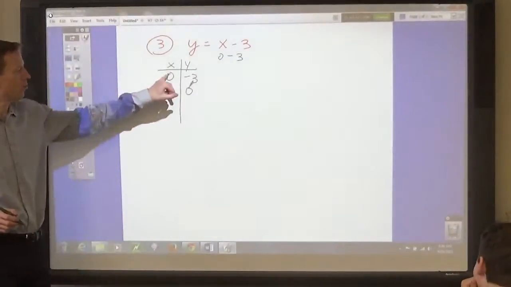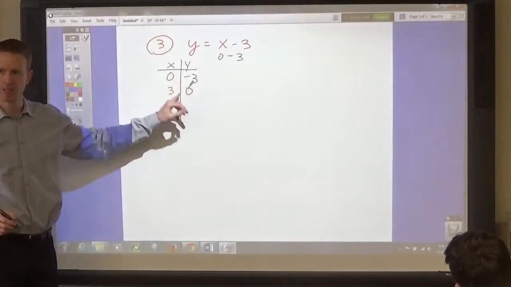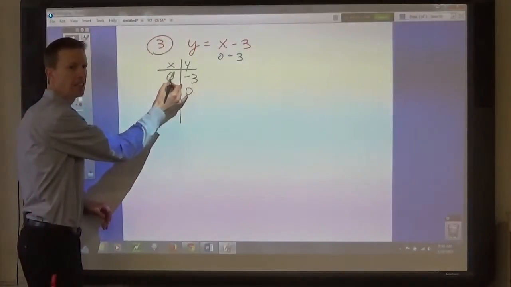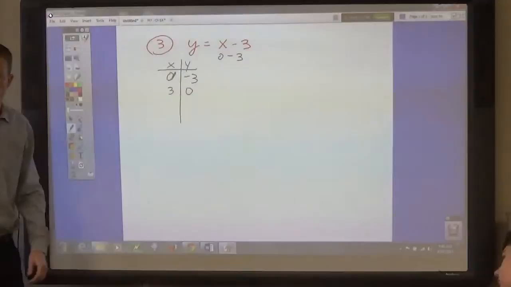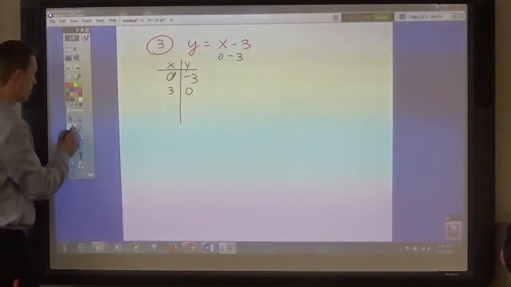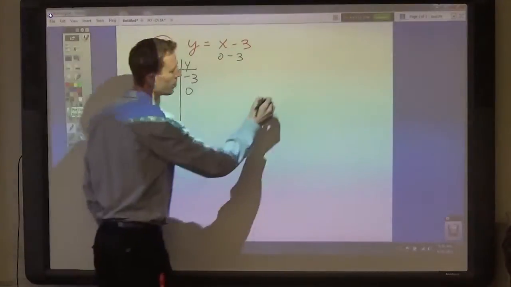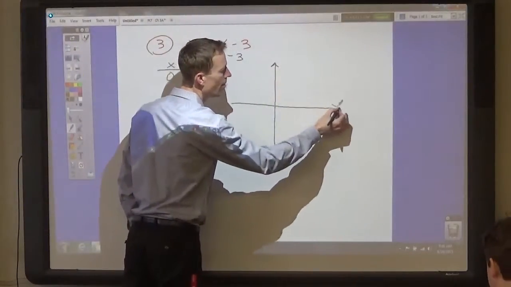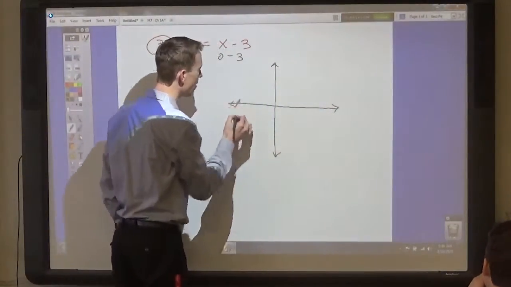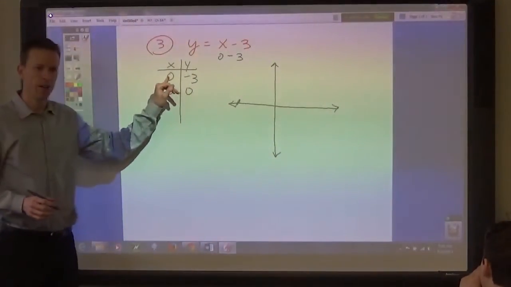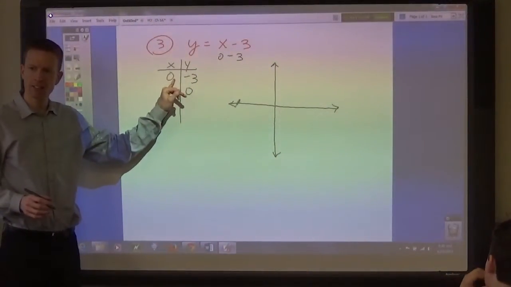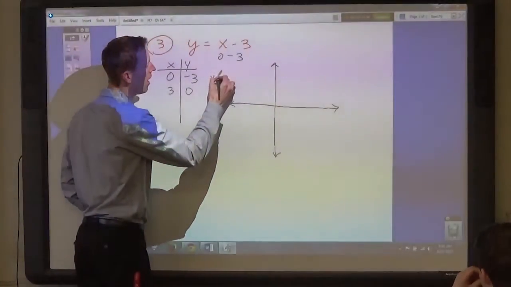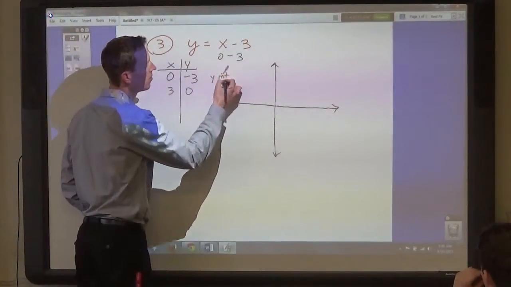Now I want to show you something with these points. These 2 are special, since x is 0 on one of them and y is 0 on the other one. When you have that situation, or when you can find the number when x is 0, that's called the y-intercept.